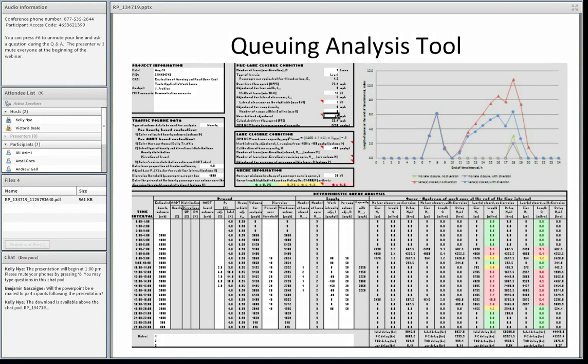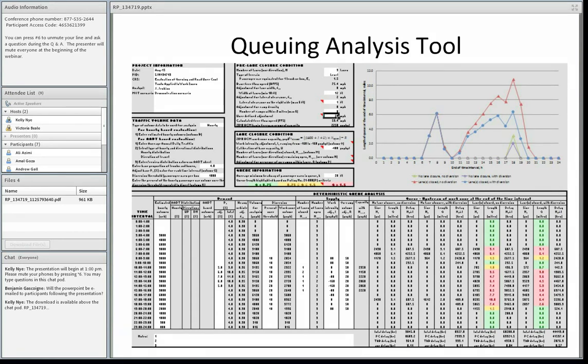It does a deterministic queuing analysis for 24 consecutive 1-hour intervals. I understand there's a lot of information on the screen, so we're going to break this down into individual blocks, look at each block and the type of analysis that it does, and then go to the calibration.